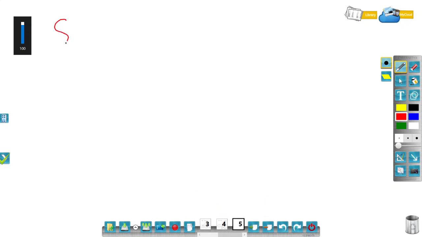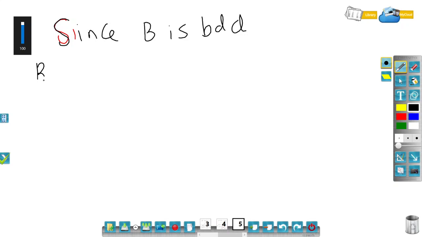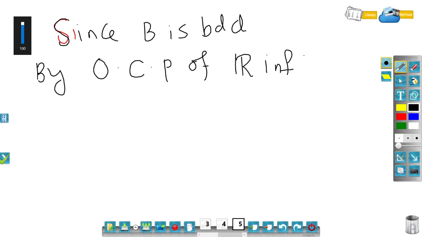Since B is bounded, by the order completeness property of R, the infimum and supremum of B exist and are unique. The order completeness property says that every bounded above set has a supremum, and for the infimum we basically use this property also.